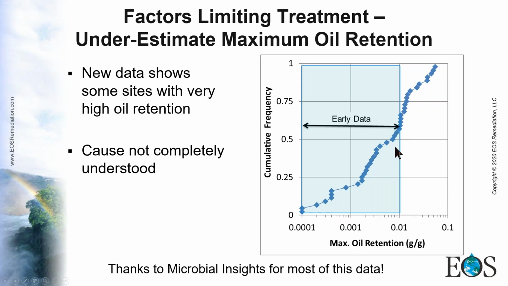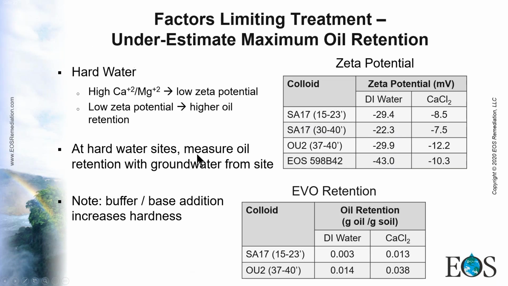But in some of the Microbial Insights data, they have much higher numbers, maybe 5, 6, 7% by weight. So you're talking about a lot of oil to treat these areas. That was really surprising to us. We didn't really understand it, and I still will say I don't fully understand it, but we think we have a hint.